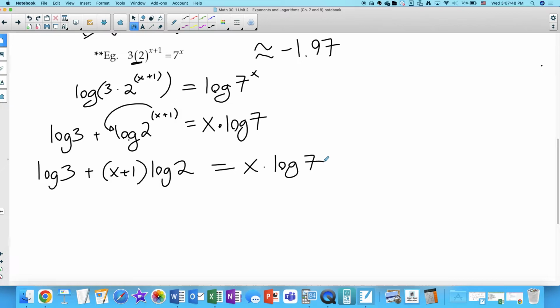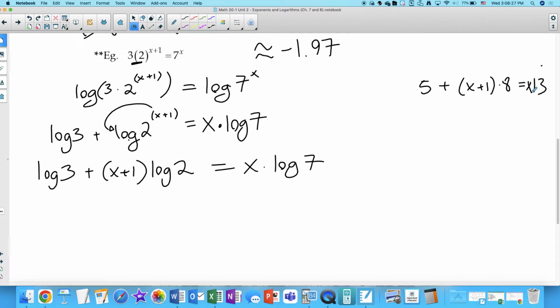And essentially, you want x on one side, numbers on the other. These are numbers, right? So this is essentially the same as something like 5 plus x plus 1 times 8 equals 13, or x times 13. That's the same structure of that equation. It's just that instead of 5, 8, and 13, I have logarithms, which are irrational numbers.